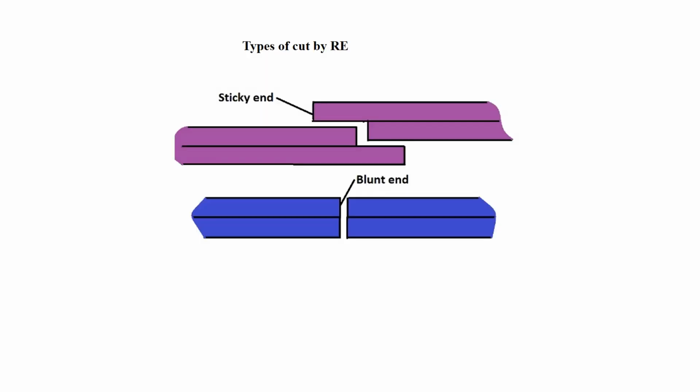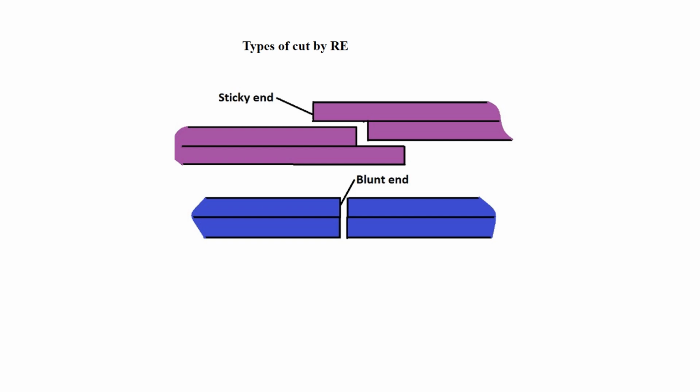Now the types of cut produced by restriction endonuclease. Actually, two types of cuts are there. One is sticky end cut, where the cut portion is asymmetric, and the second one is blunt cut, where the cut takes place at symmetry.